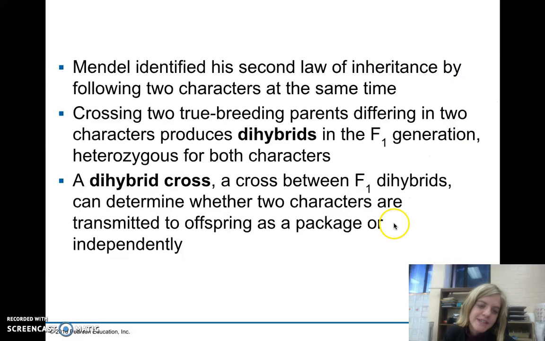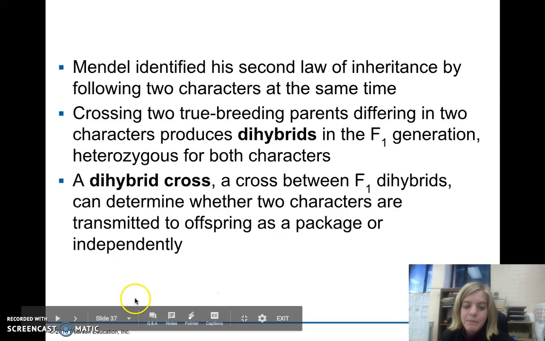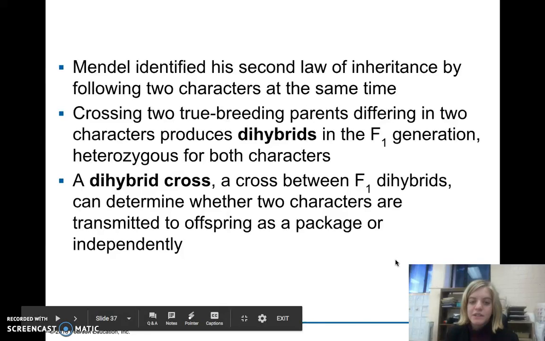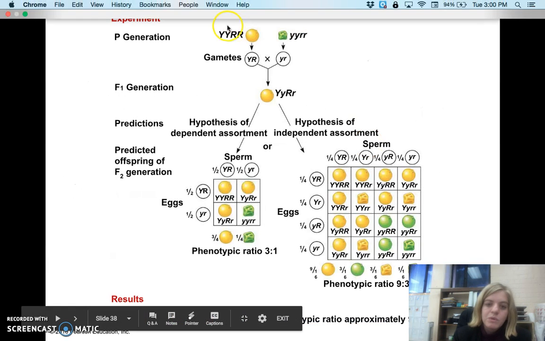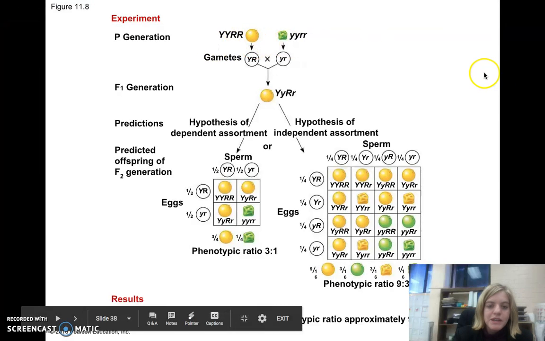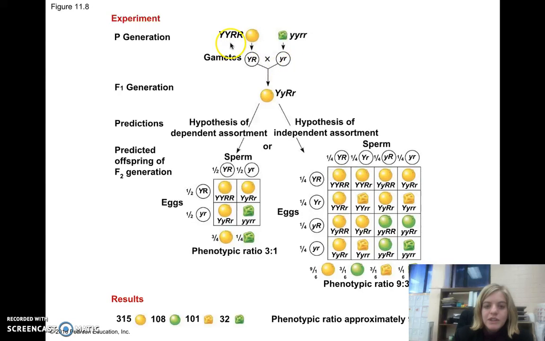In doing this, he was trying to determine whether two characters were passed on to offspring together or independently. This is an example of the P generation: he found that the seeds could be either yellow or green, and they could be round or wrinkled. The dominant traits are yellow and round, and the recessive traits are green and wrinkled.